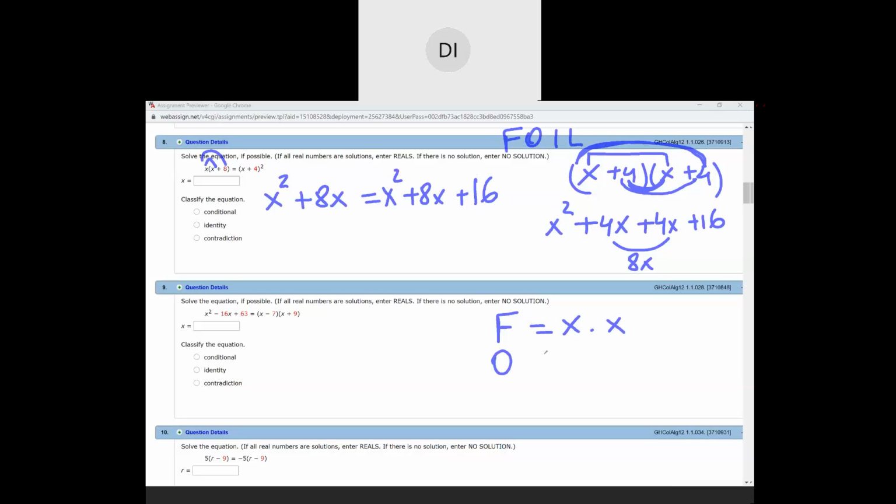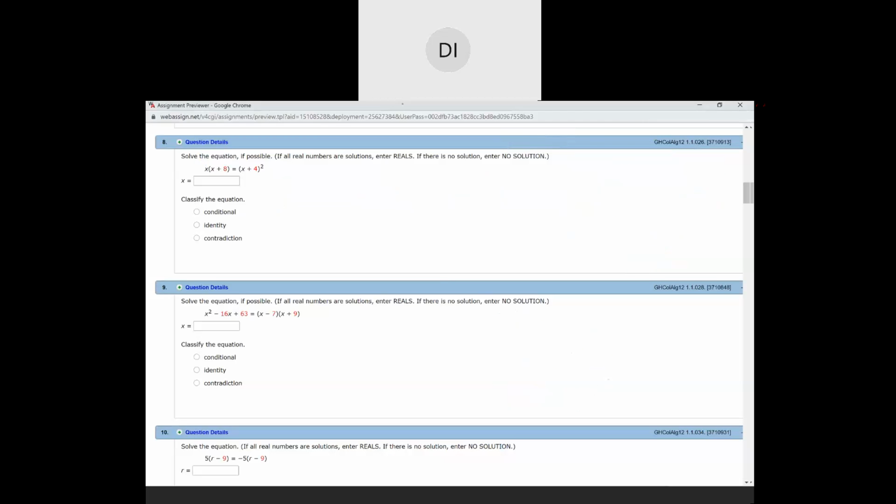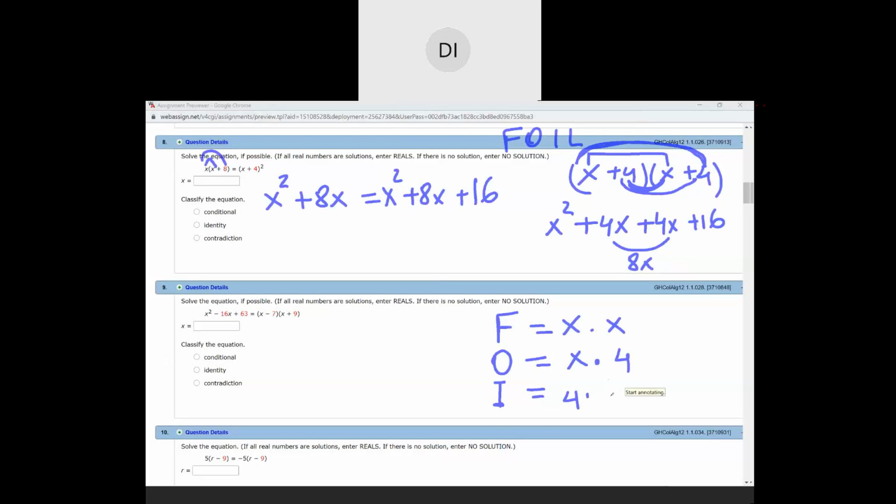O is the outside, x times 4. Then I is the inside, 4 times x. And L stands for the last two, 4 times 4.